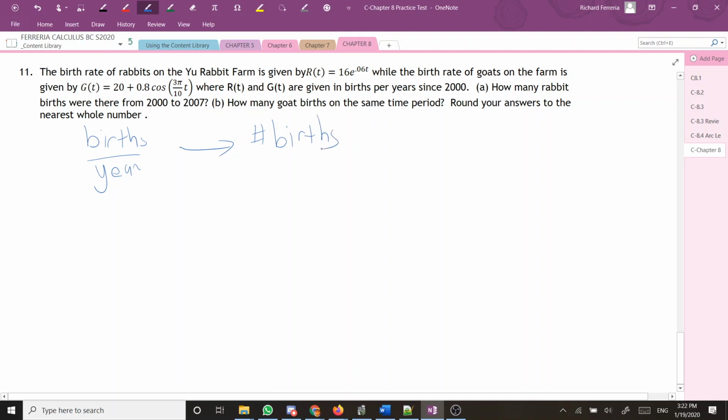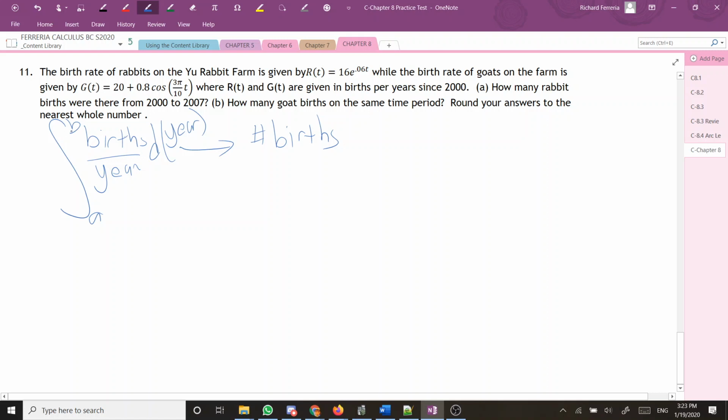The process that lets us do that, in essence, just cancel out that denominator, is the integral. If I integrate with respect to the unit of the year, I'm going to get the number of births over that time interval from A to B.